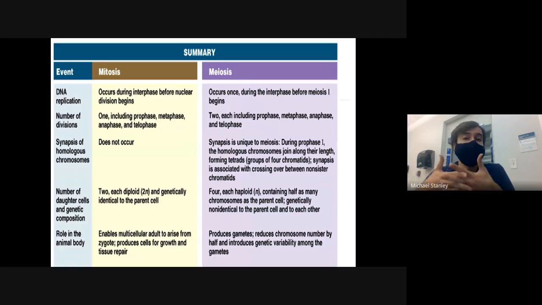All right, any final questions about mitosis, meiosis, the differences between them, anything about either of those processes that you want me to go back over a little more?